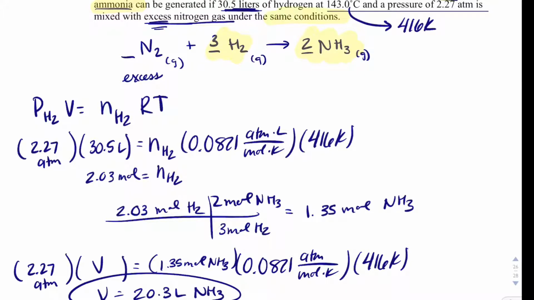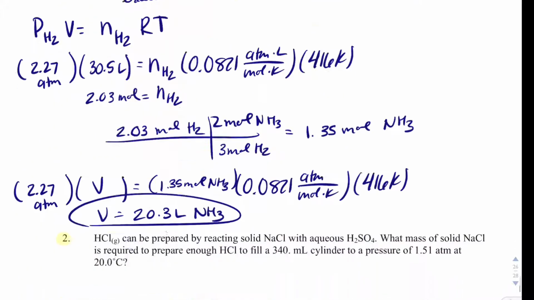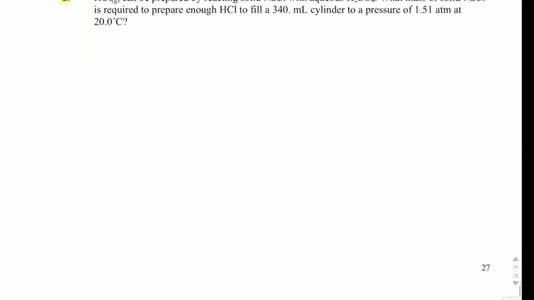Okay, so let's look at number 2. Number 2, we have HCl, and we prepare it, meaning HCl is a product, by reacting NaCl with H2SO4.